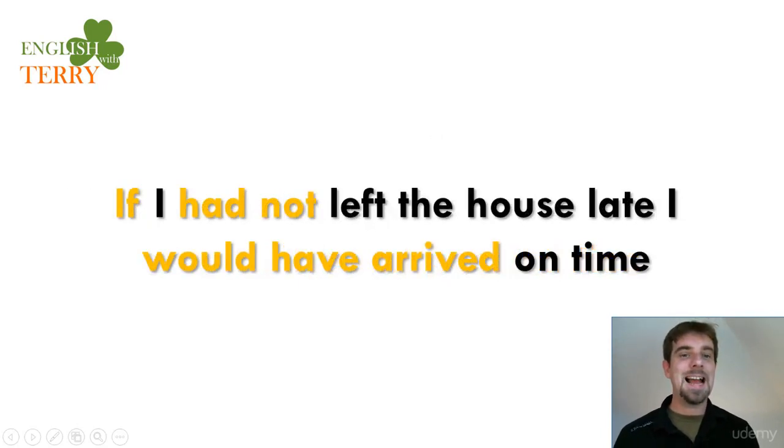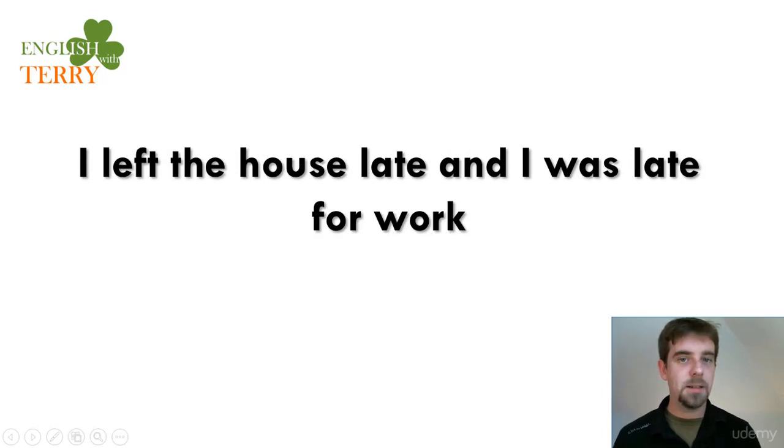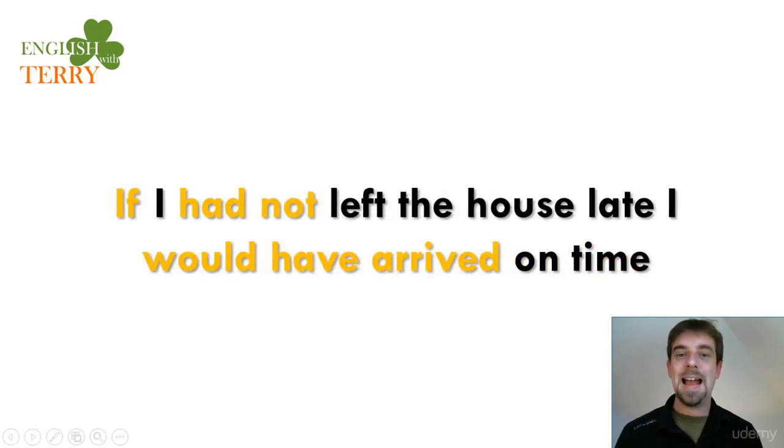If I had not left the house late, I would have arrived on time. So the previous idea was I left the house late and I was late for work. If I had not left the house late, so had not is negative, but it's true. I left the house late, and I would have arrived on time, but I didn't arrive on time. So it's all about different possibilities in the past.